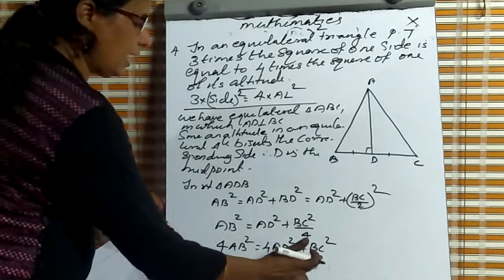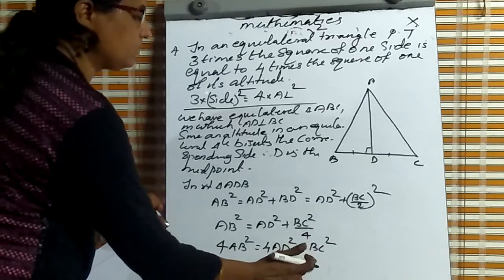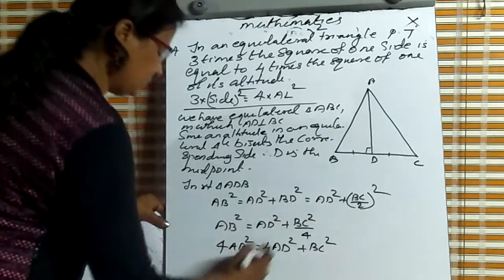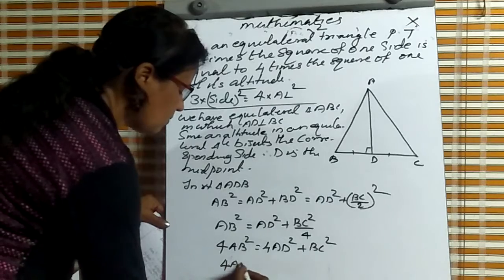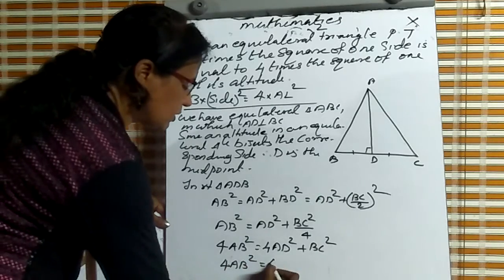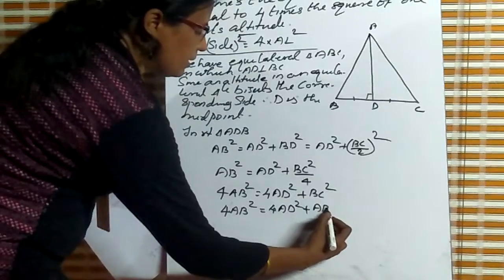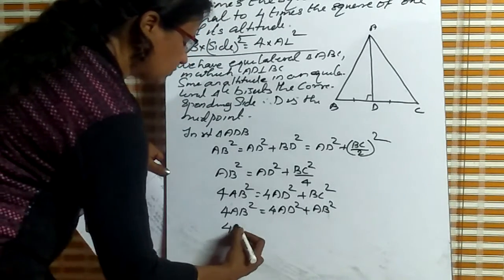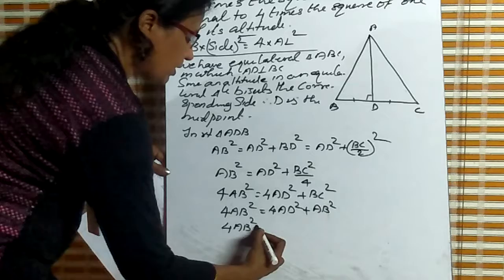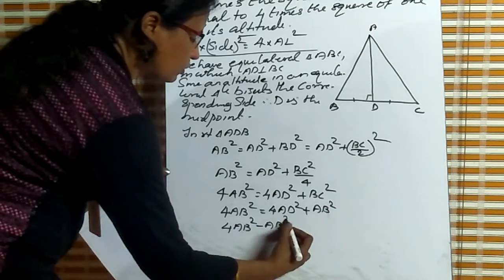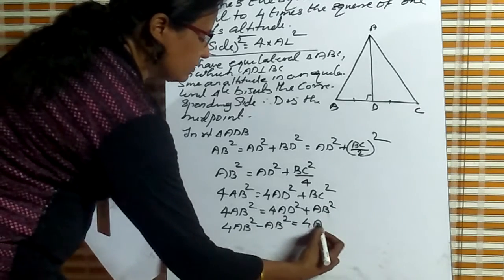But here the values of AB and BC are equal because ABC is an equilateral triangle. So 4AB square is equal to 4AD square plus AB square. Bring this AB square to the left side: 4AB square minus AB square is equal to 4AD square.